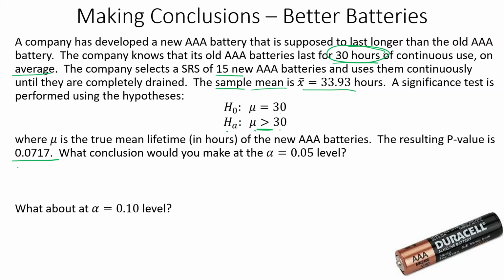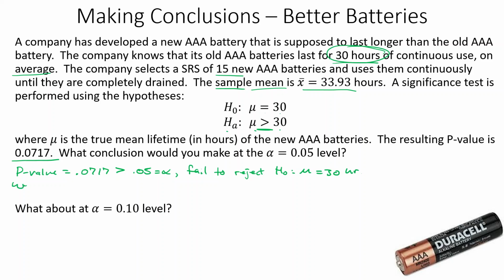All right, so at 5%, we would say that our p-value equal to 0.0717 is greater than our alpha, which is 0.05. So that means it's not low. So that means we fail to reject H0. And our H0 we're just going to write is that it's equal to 30 hours.